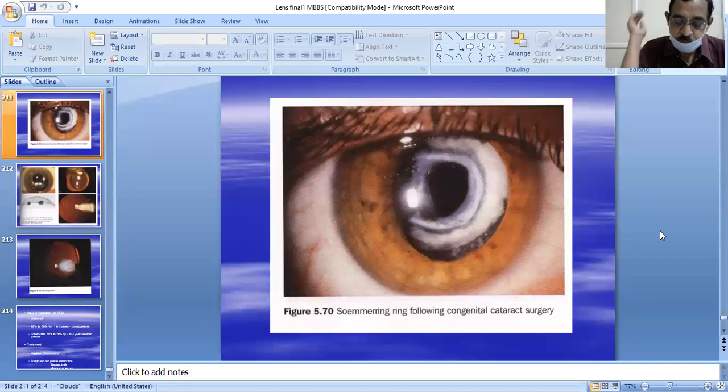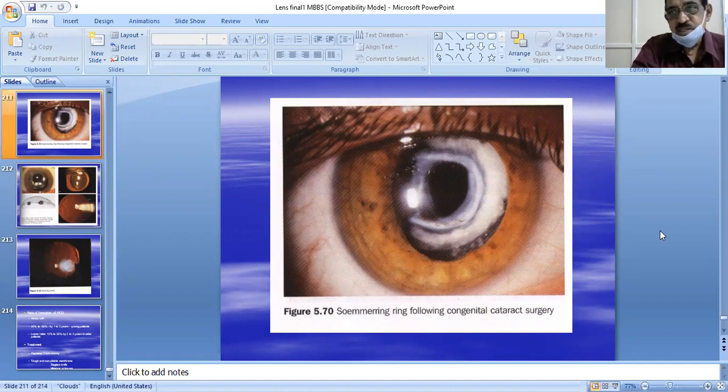Based on focusing capability, the lenses are different. One is unifocal. In most cases we use unifocal lenses. The patient is well corrected for distant vision in the immediate post-operative period. After 4 to 6 weeks we try to correct for near vision also. Once the natural lens is removed, accommodation is lost, so the patient's near vision will be compromised, and we have to rehabilitate him to have good near vision also.